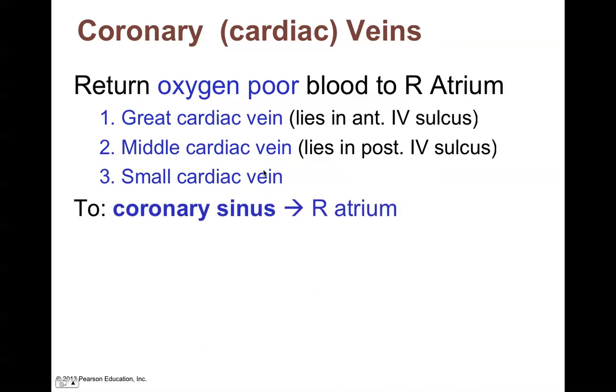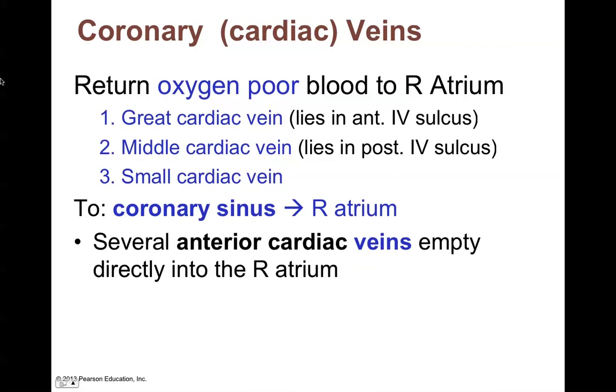These all gather together into a large vein behind the heart. It's called the coronary sinus. So it looks very large. It's behind the heart, and it will bring blood to the right atrium. And there's a few other anterior cardiac veins that will empty directly into the right atrium as well.